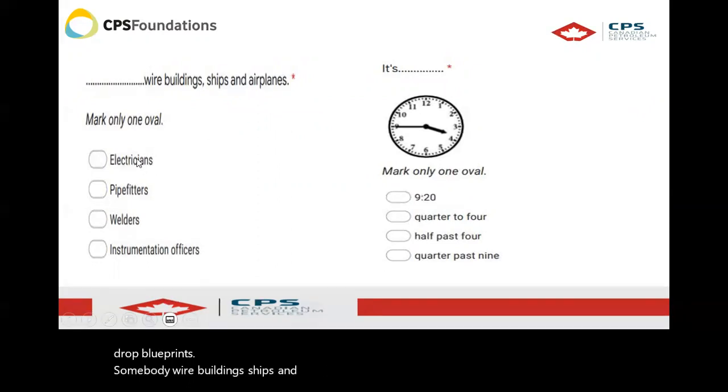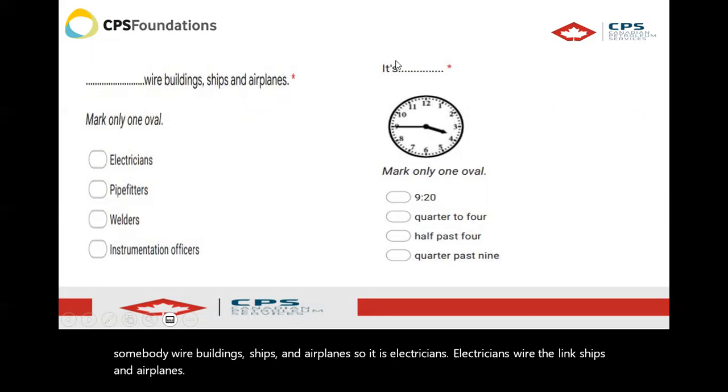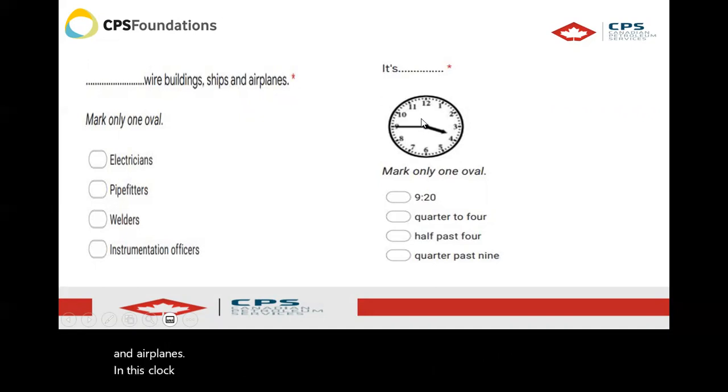So it is electricians. In this clock here, the hour hand refers to 3 or before 4, and the minute hand refers to 45. So it's 4:45.